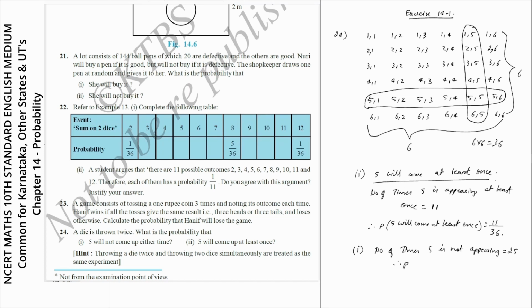Therefore the probability that 5 is not appearing either time is equal to 25 by 36.